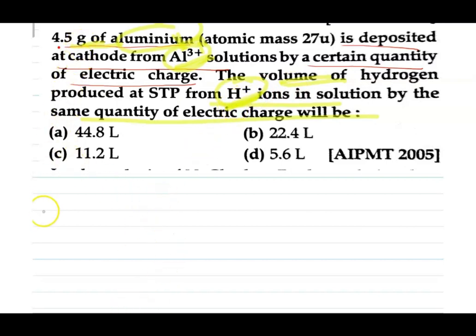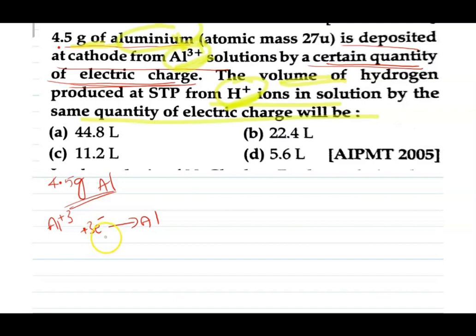Let's take the first part, where 4.5 grams of aluminium is there, formed from Al3+. To form Al from Al3+, what is required? We require 3 electrons, right? So you need to see how much electrical charge.